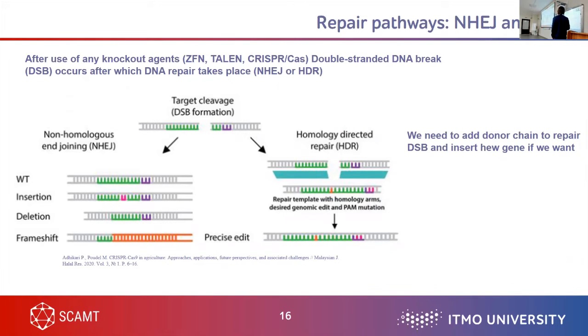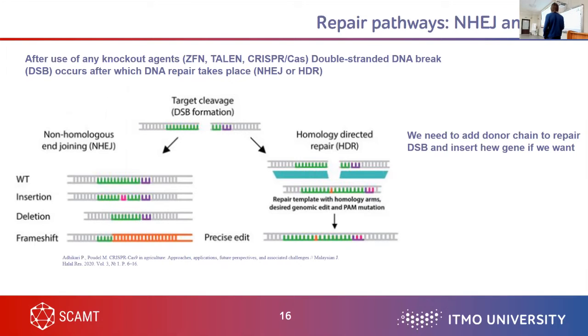As I said before, if we add donor DNA, this donor DNA will be used as a template for DNA that will fill this gap. Using this template, the gap will be filled with new DNA with new gene information.